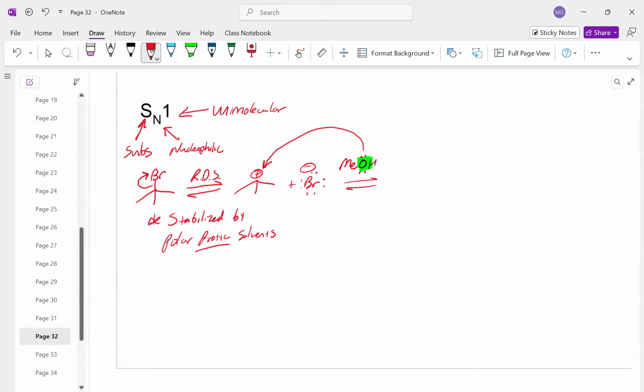It's partially negative. So I want you to think in your mind, what do you think about that in terms of the quality of a nucleophile? Do you think that's a good nucleophile or a poor nucleophile? Okay, so think about that. I'll come back to that question in a little bit. So the oxygen uses a lone pair to make a bond to the carbocation.